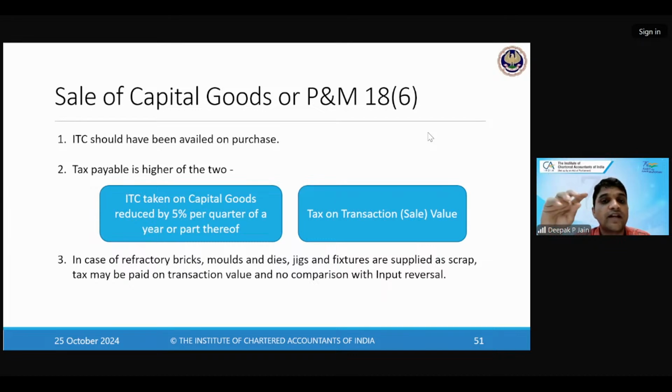Whichever is higher is what you have to take. Again, I will explain this with the example. But understand that the tax you have to pay will be the higher of the tax on your transaction value or ITC taken on capital goods less 5% per quarter. So let's take the example.